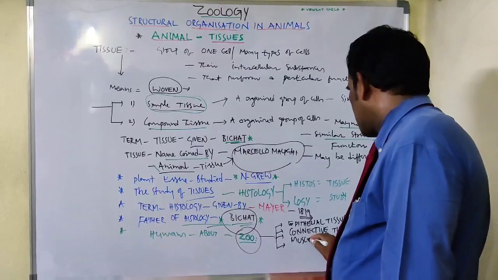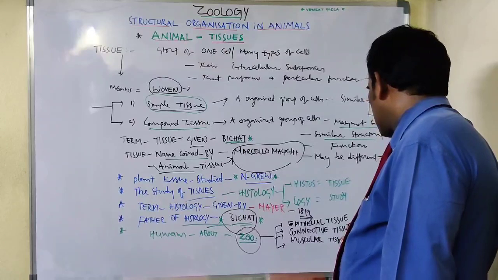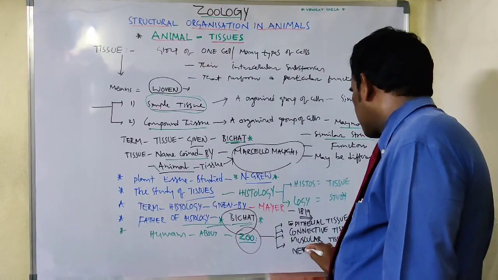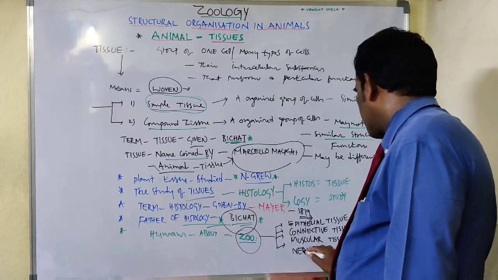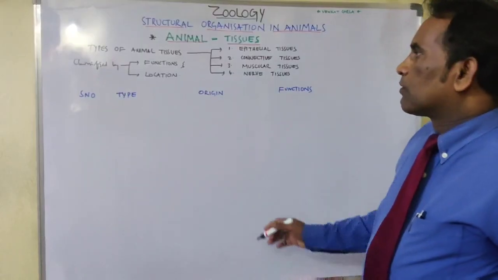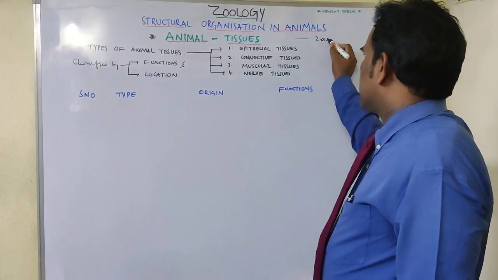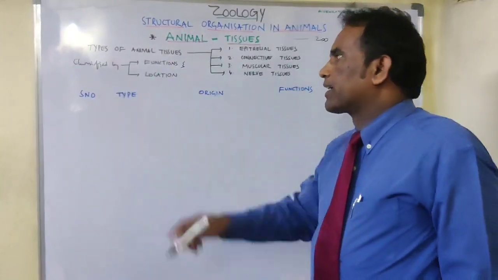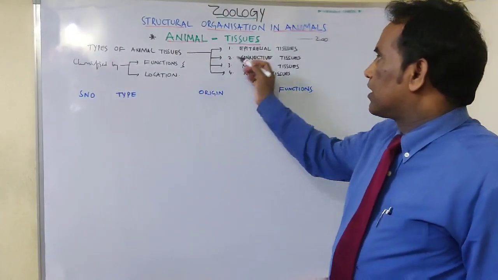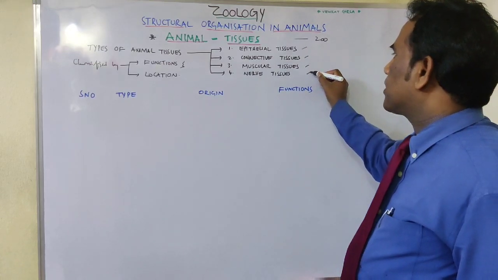They are called epithelial tissue, connective tissue, muscular tissue, and nerve tissue. So in humans about 200 tissues have been found, categorized into 4 groups on the basis of function and location: epithelial tissue, connective tissue, muscular tissue and nerve tissue.